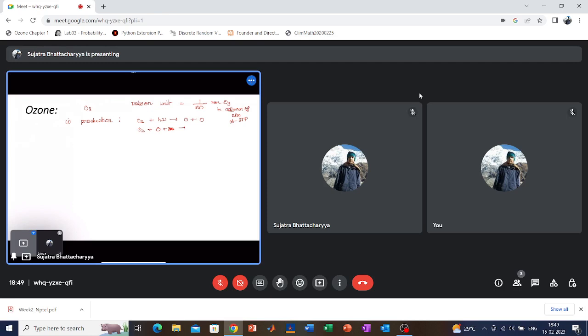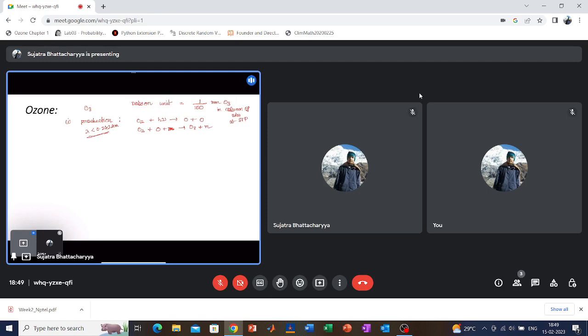Because of that, this extra mass is coming, and that will be equal to O3 plus A. This is how the ozone is created, and for this production of ozone, the wavelength of the ultraviolet required is less than 0.242 micrometer. So lesser ultraviolet wavelength is important for the production of ozone.